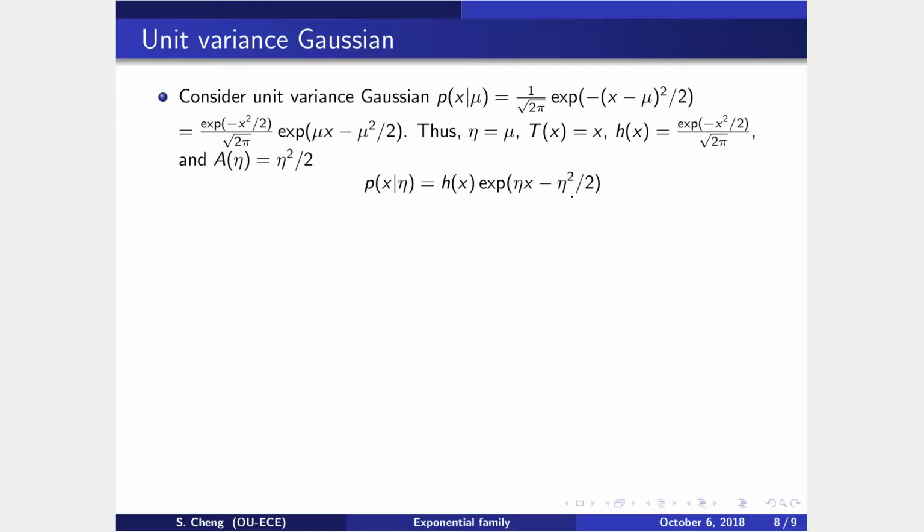So the conjugate prior will be something like h tilde(eta) exponential of lambda 1 transpose eta minus lambda 2 times A(eta) minus A tilde(lambda), which does not depend on eta.